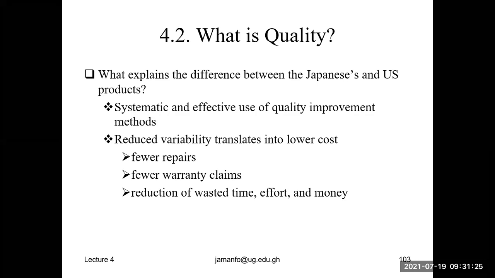Maybe let me bring in a raw example for you to demonstrate. Maybe we are producing cocoa, and we are selling, and we haven't measured the amount of sugar we put into a particular quantity of cocoa.